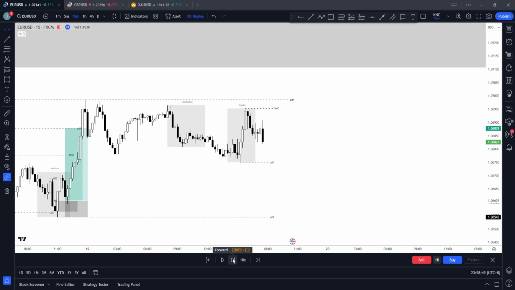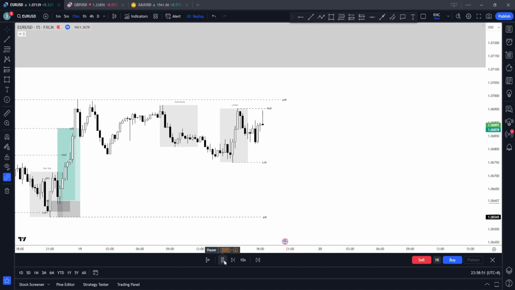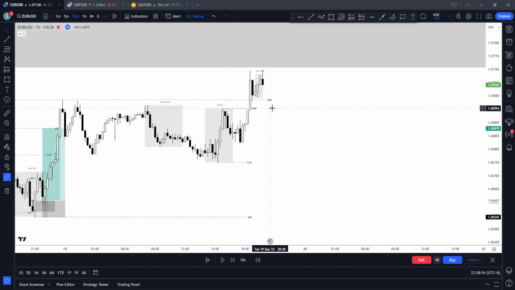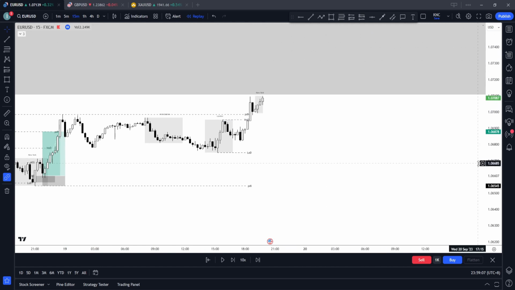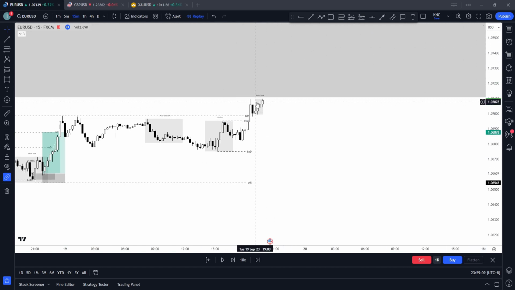Let's see what will happen to the market. There you go. We can see that our previous daily high has been taken out before New York opens. So I'm expecting a pullback to happen at the New York session, just like I said before, that we will be looking for a short-term reversal at the New York session.